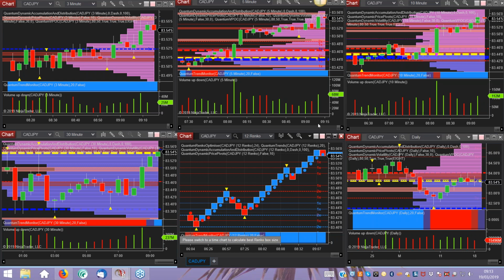Everything on a Renko is delivered through the prism of the setting, whether that's an automate, whether that's the setting you've chosen, or whether you use something like the Renko Optimizer here, where it delivers the optimal setting for you, or whether you're using MT4 or MT5, where you have the optimal setting there as well, delivered through the live Renko.